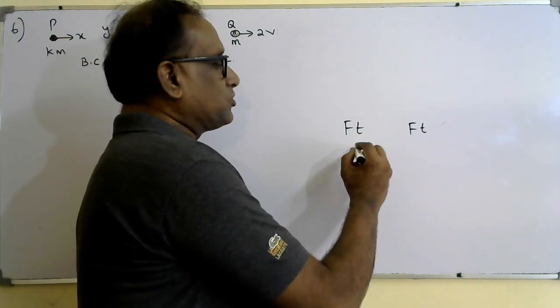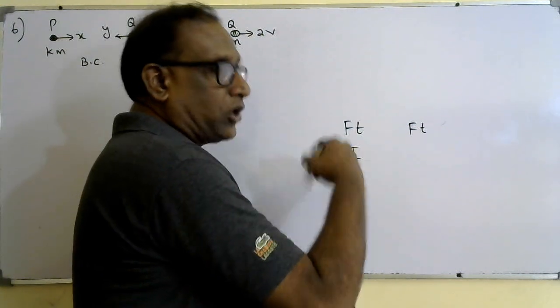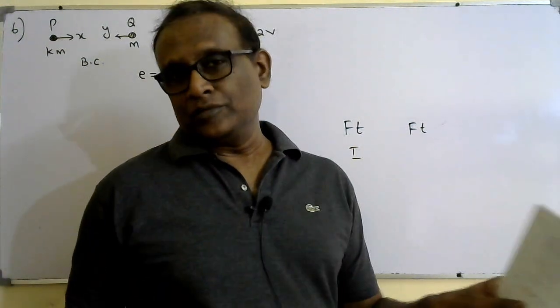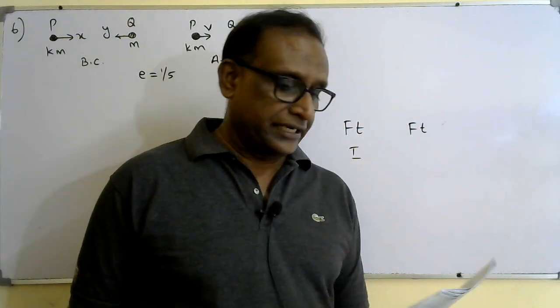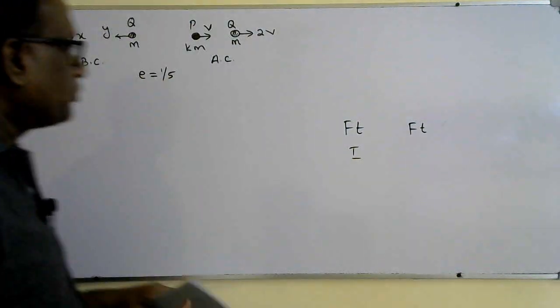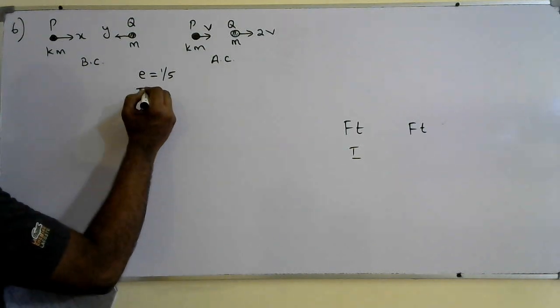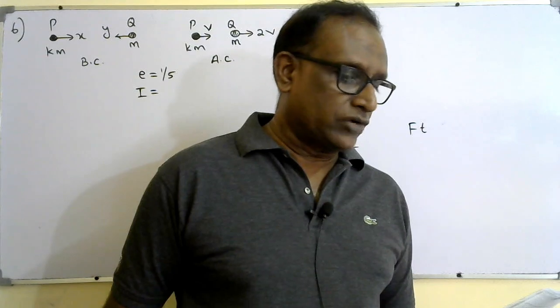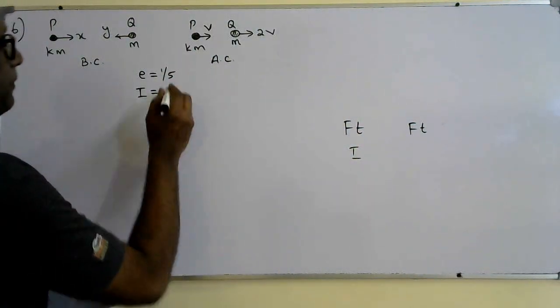I equals Ft. So the impulse exerted by P on Q is the same as the impulse exerted by Q on P, but in opposite directions with the same magnitude. Both will have the same magnitude of impulse, that is 5mv.